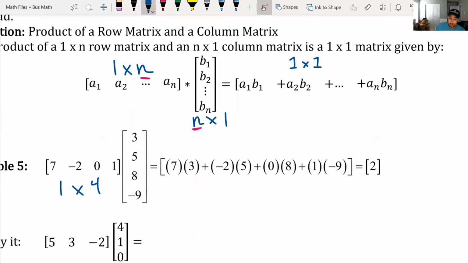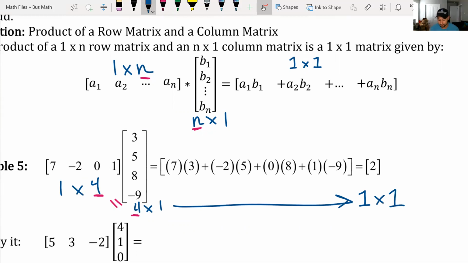The second matrix is 4 rows by 1 column. This means that this 4 is equal to that 4, which means the resulting matrix will be a 1 by 1.